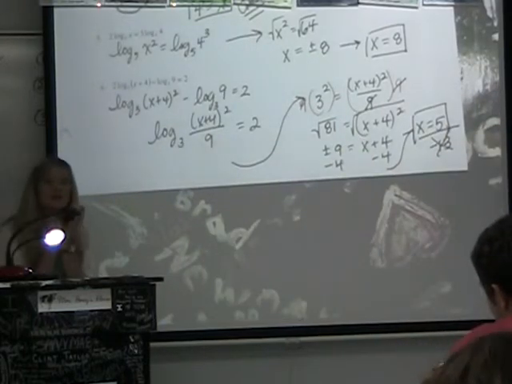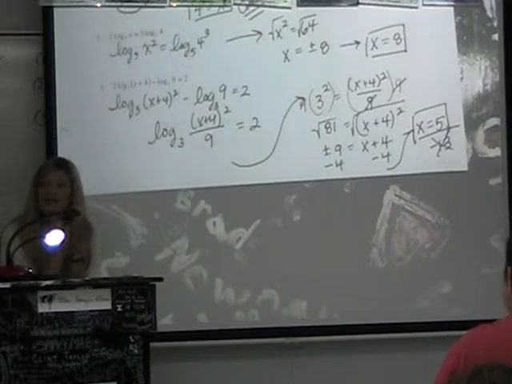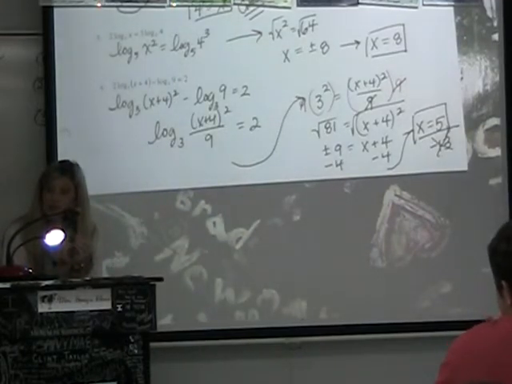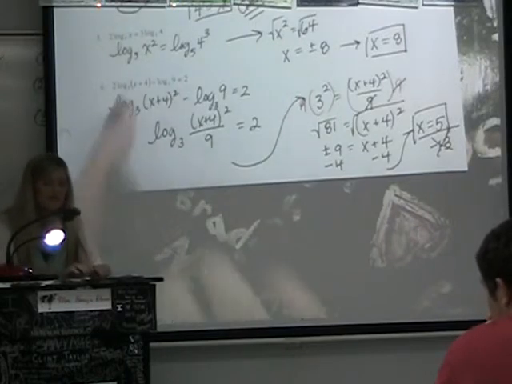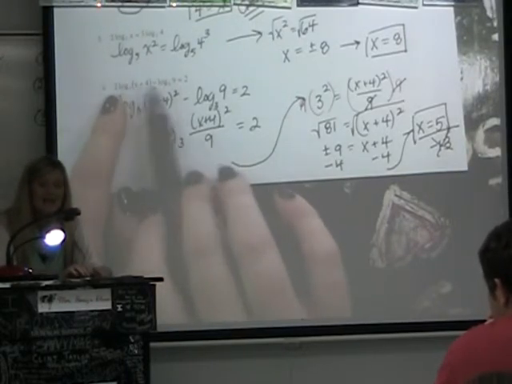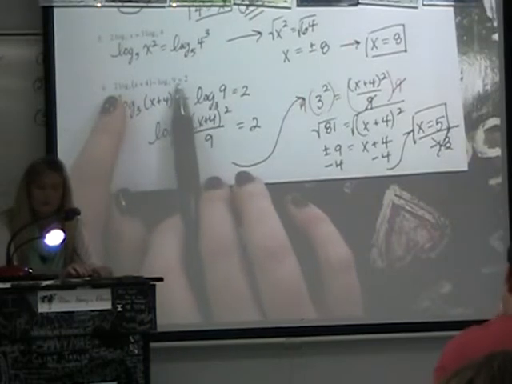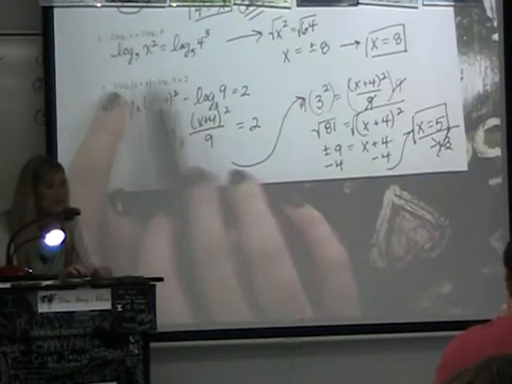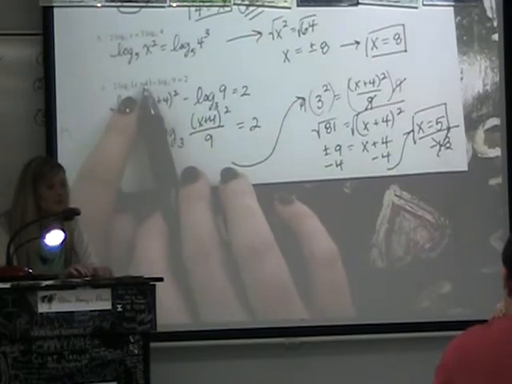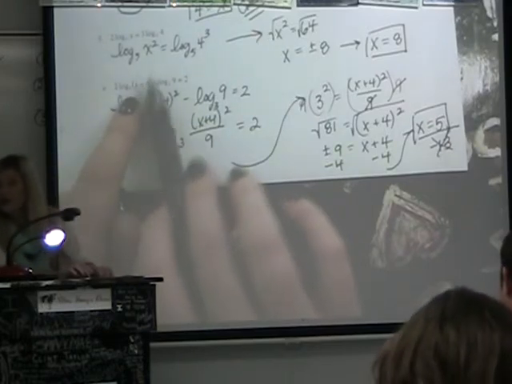Let me make sure that you understand that not all negative answers are extraneous. If you look at this original problem, had I come up with negative 1 for an answer, what happens when you put negative 1 in for x? You get a positive 3. Well, you still get a positive, don't you?